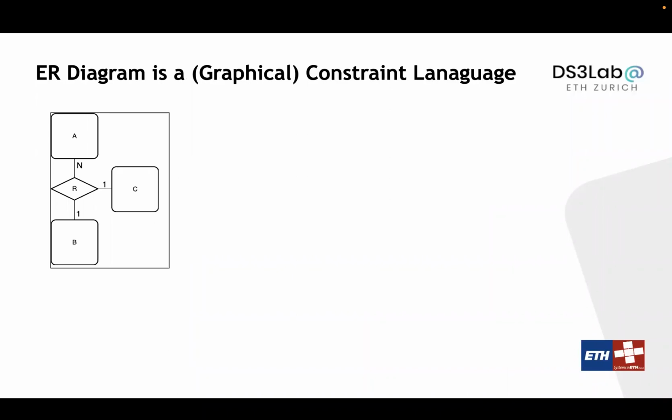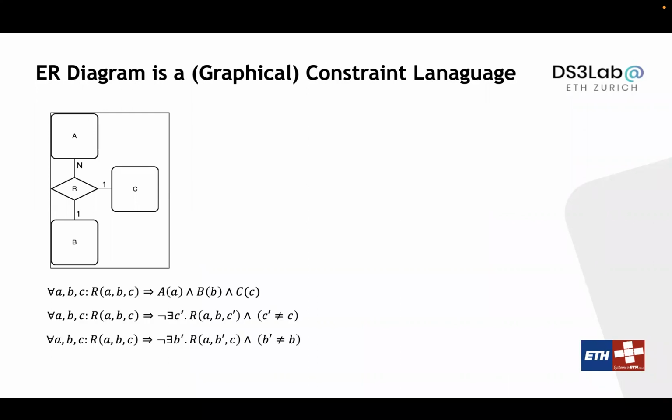For example, you have three different entity sets with a relationship connecting all of them, and the cover essentially defines all those constraints. Whenever three entities A, B, and C participate in this relationship R, A is inside A, B is inside B, for example. And whenever you have those cardinality constraints, now we know how to talk about them.